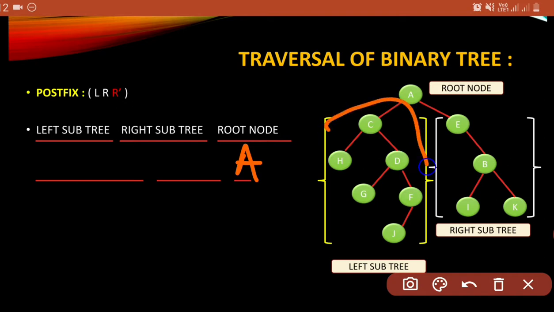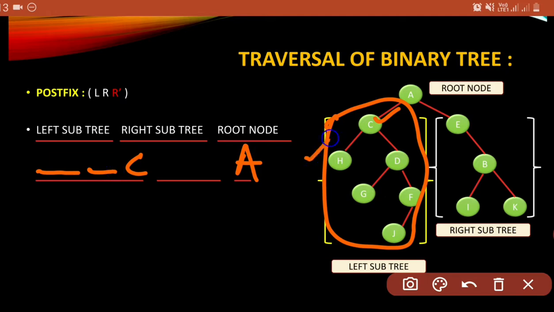Now we have to proceed with the left subtree. In every left subtree we are having a node, that is the root node. But the root node comes in last. Here we have to write the left subtree, then the right subtree, and then the root.